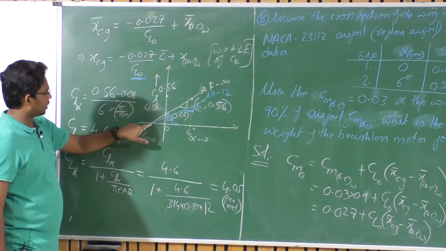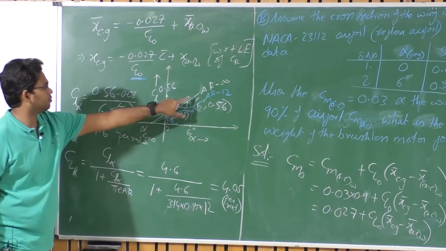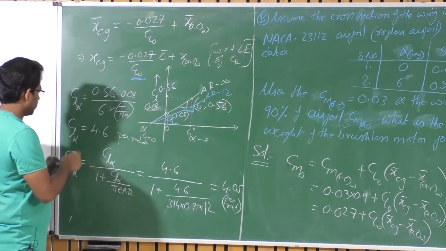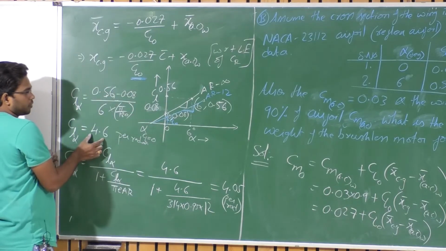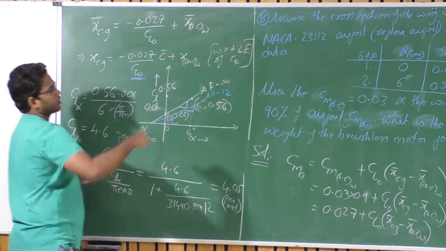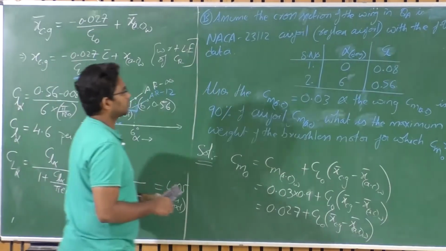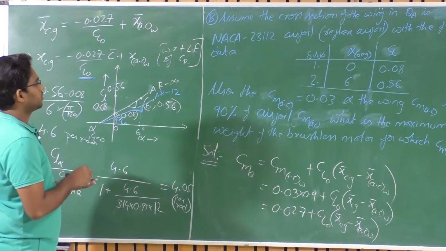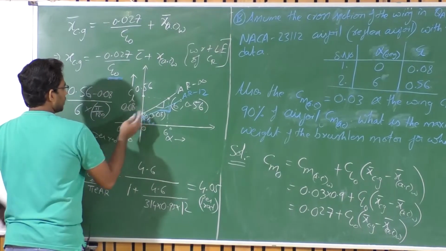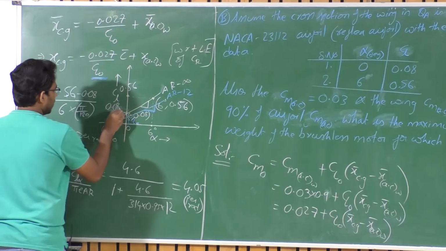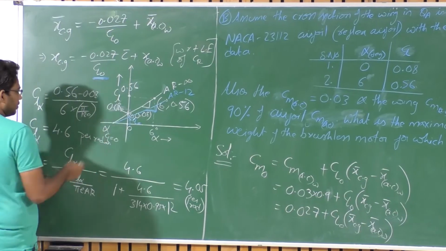So how can I find that? From the airfoil data. I know CL alpha is 4.6, and I know CL naught from the given data, which is 0.08. I have the slope as well, so I will be able to find that.